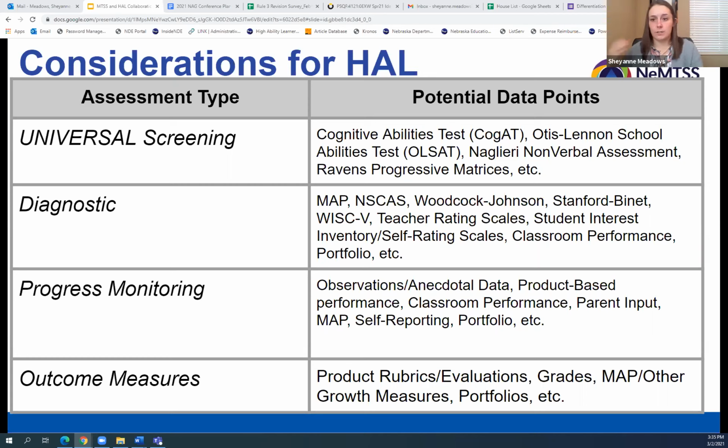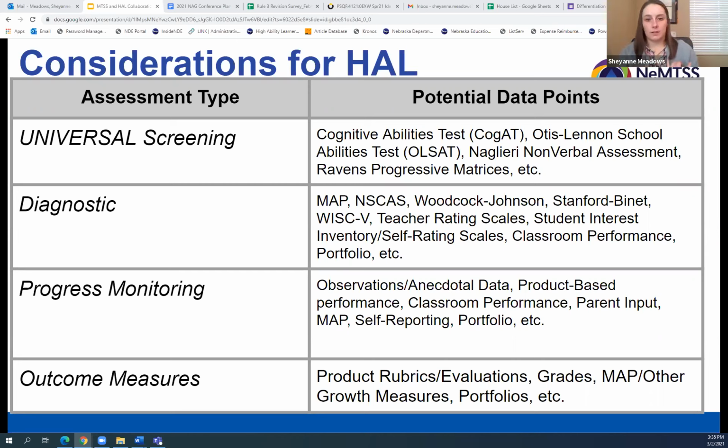That could mean too much challenge or too little challenge. We want to make sure that we are looking at growth. So we want to make sure we're looking at MAP growth. If they started in the 99th percentile, if they're not being fed at that level, they're not going to make growth. They're going to regress. So we want to make sure that while they may be at the top of the grade level, that they're still getting that opportunity to go above and beyond.